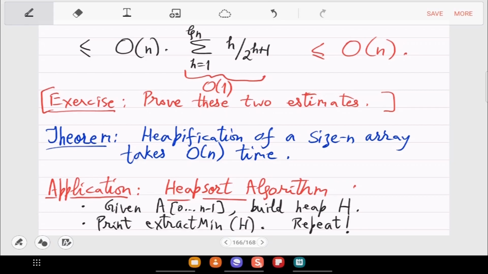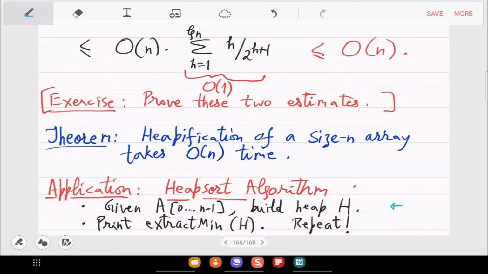Given this arbitrary array of integers, build the heap, extract min and print the value, and then repeat. Whatever remains in the heap, n minus 1 elements, again build the heap, extract min, print it, and go to the next.